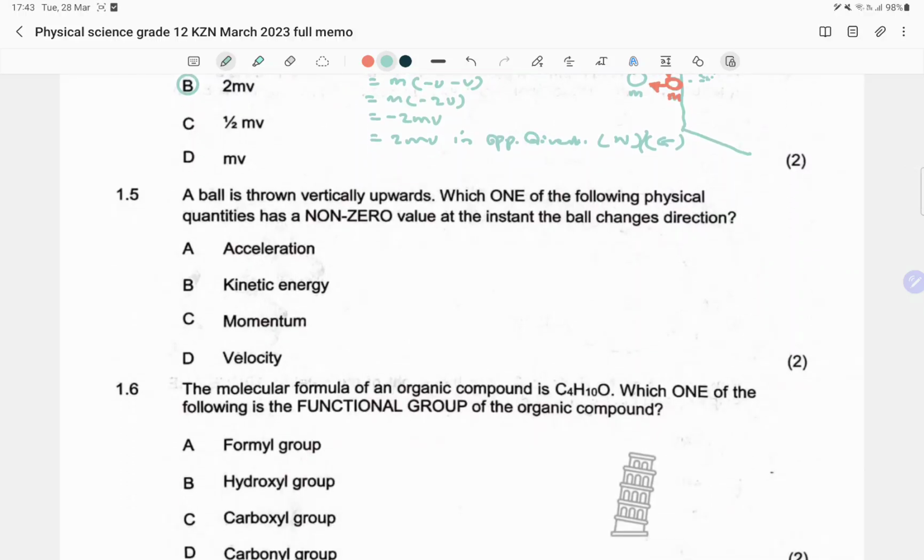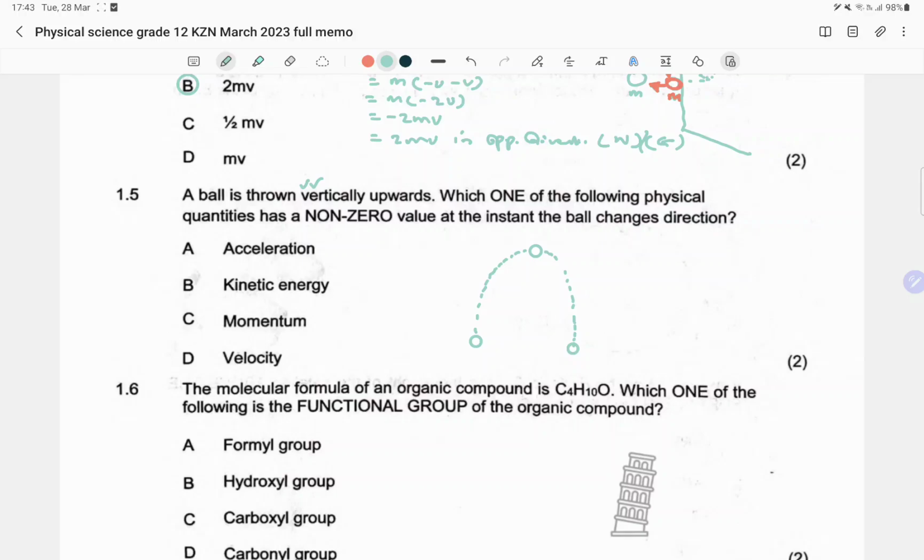Now let's look at 1.5. A ball is thrown vertically upwards. So there's our ball, and it will reach maximum height over there, and then come back down to the same position, or even go beyond that position.